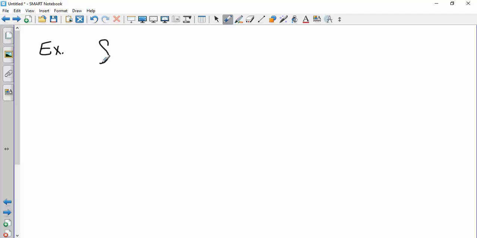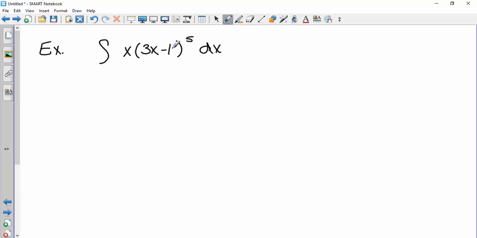So if I said the integral of x times 3x minus 1 to the 5th dx. All right. So if I am looking at this, I can't integrate like normal.